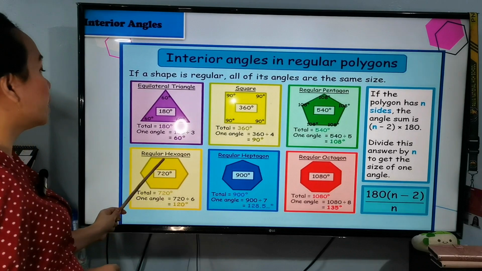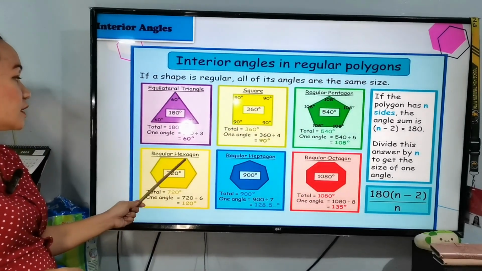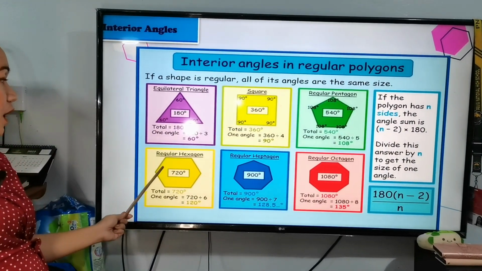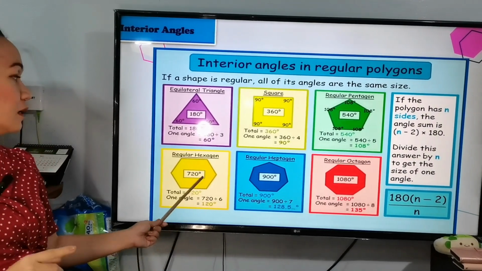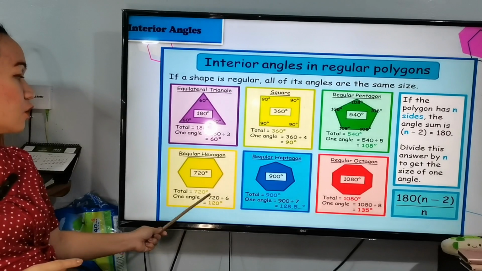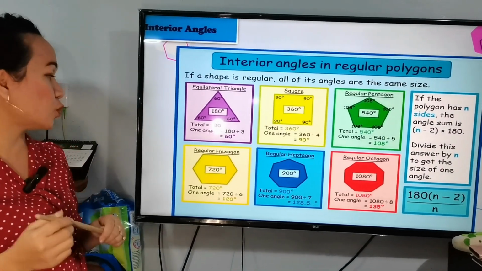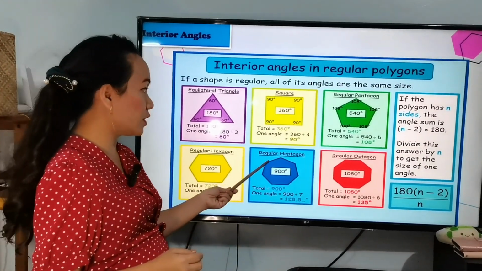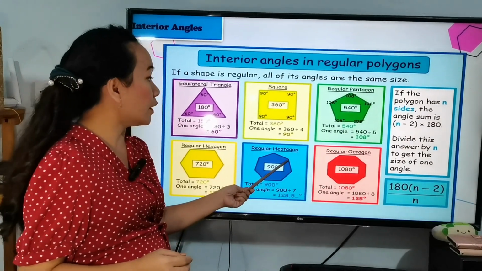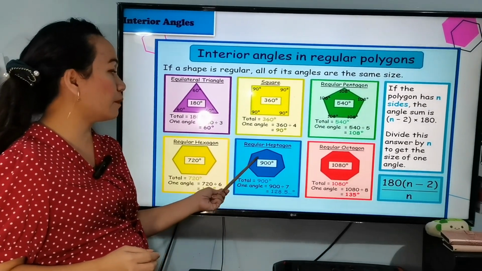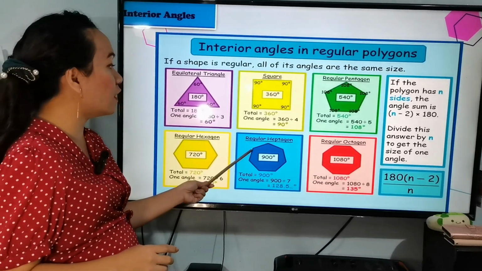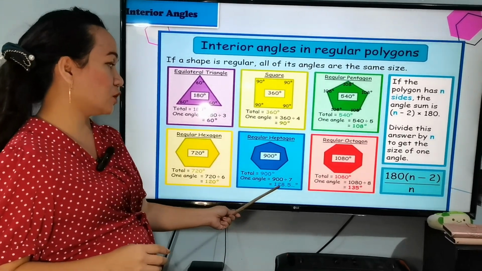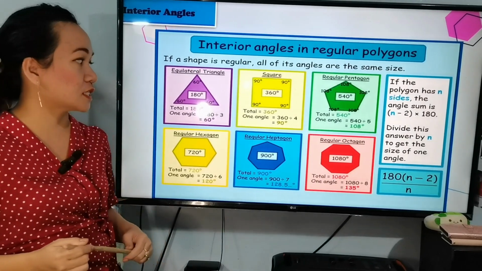Okay? So for the regular hexagon, the sum of the interior angles is 720 degrees and each angle of the hexagon measures 120 degrees. Same thing with our heptagon. The sum of the interior angles of our heptagon is 900 degrees and each angle of our heptagon is 128.5 degrees.